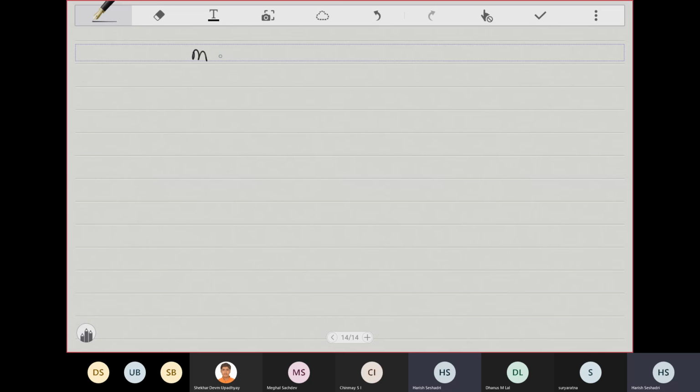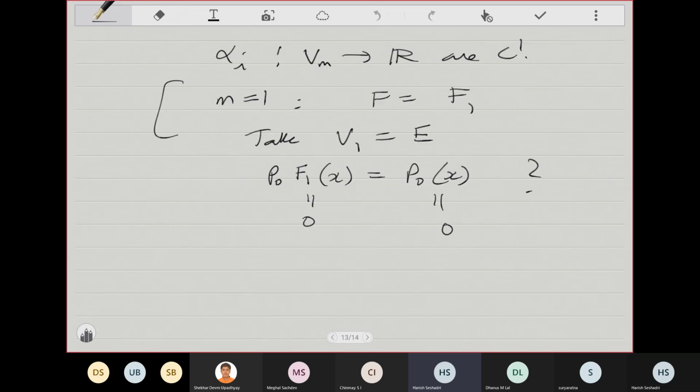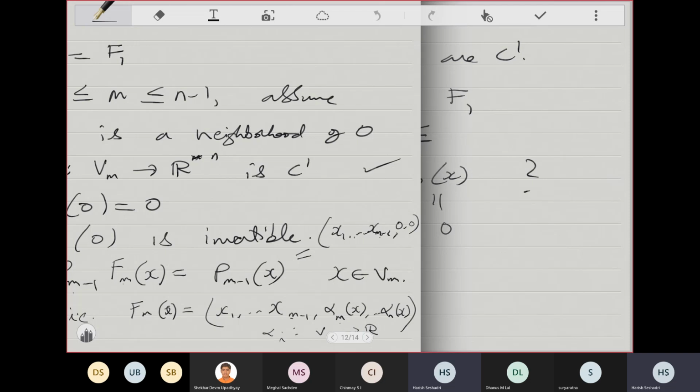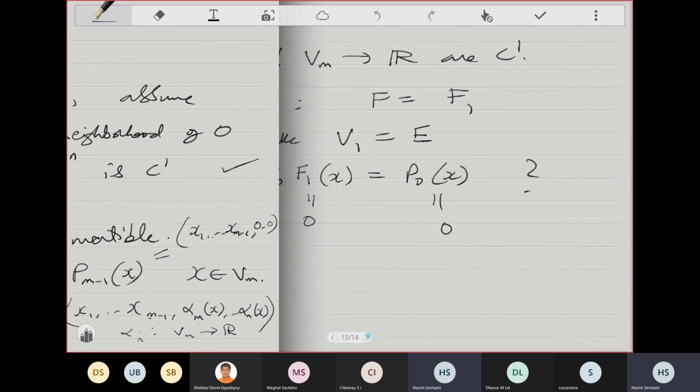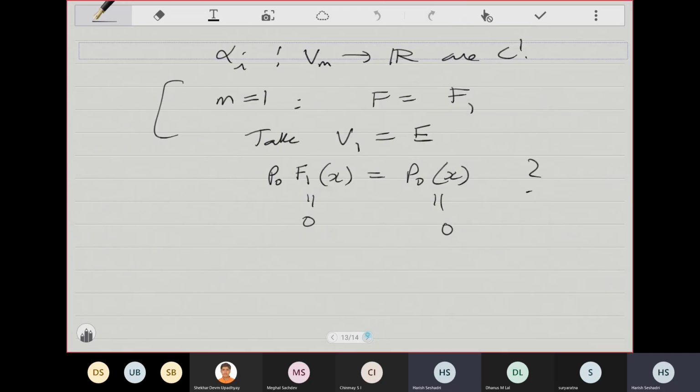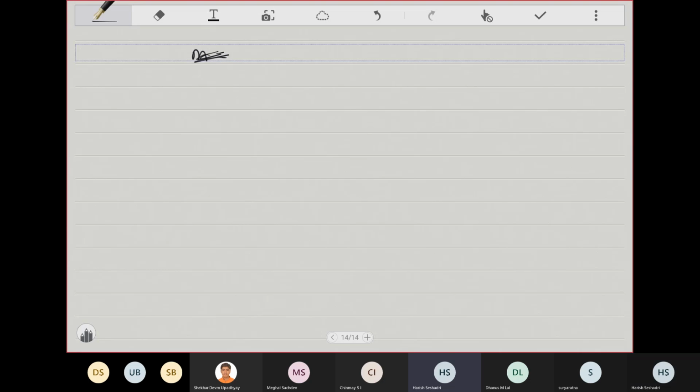I started with m equals 1. So I want to now define F2.